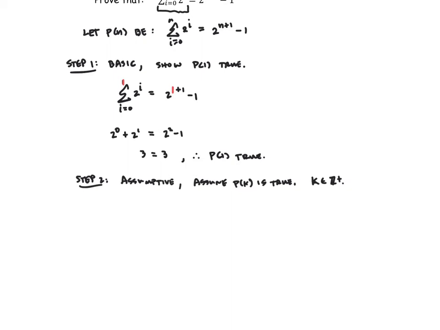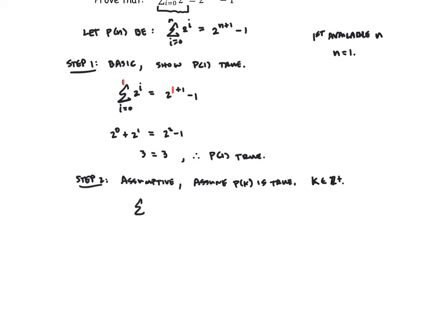Okay, and the reason I say Z plus is because our first available n is n equals 1. Okay, so let's look at the assumptive steps, set up our statement there, and then move on to the inductive step.